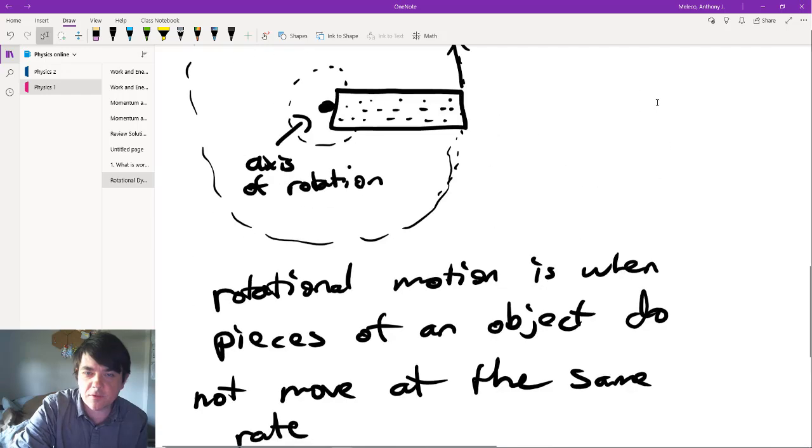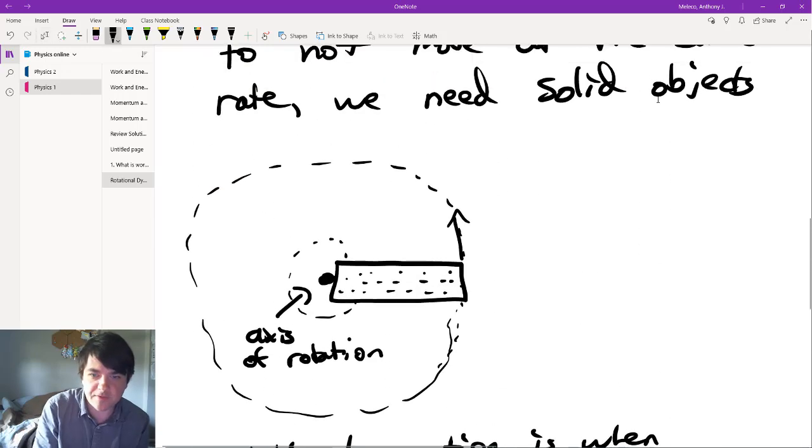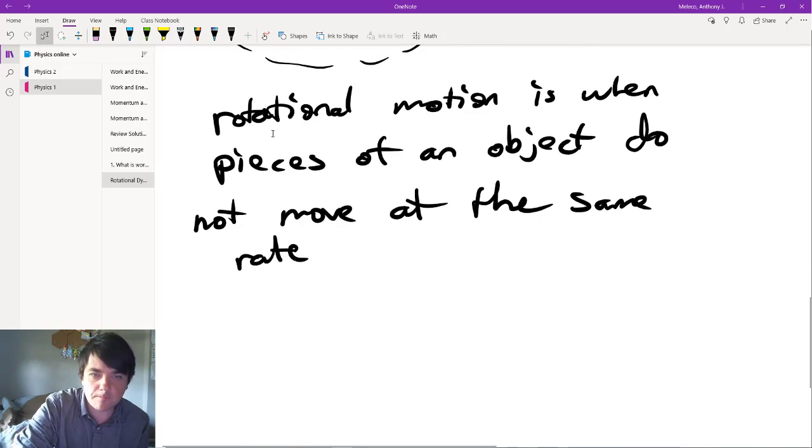And it's simply because these outer pieces have to go farther than the inner pieces.